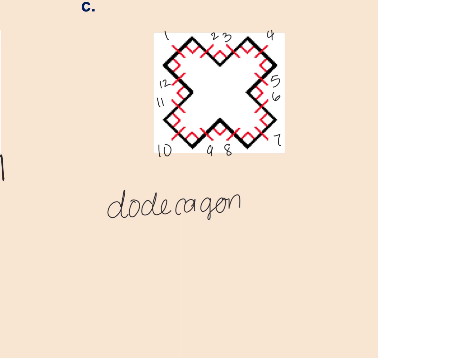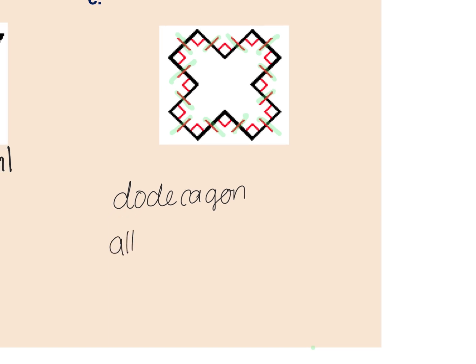Then let me look at my sides. Are my sides congruent? Highlighting them, I have 1 through 12. All my sides are congruent because they're all represented using my congruency marks. So all sides are congruent, which makes it equilateral.